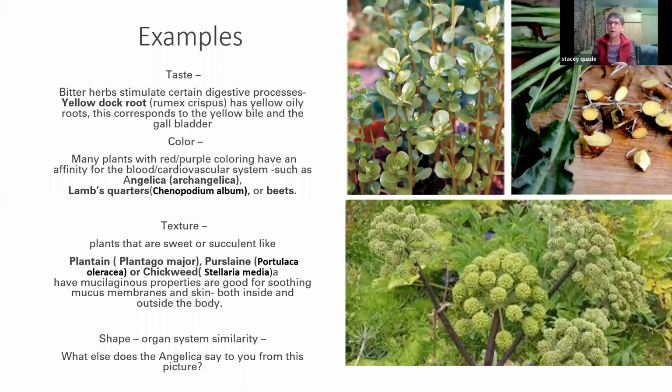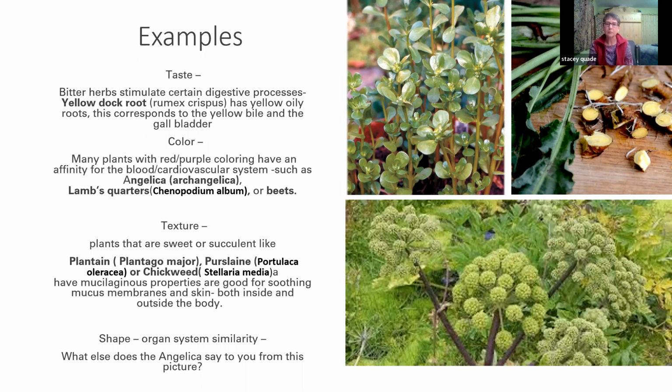Plants with red and purple colorings often have an affinity for the cardiovascular system or the blood. Angelica is this beautiful pom-pom looking plant down in the corner here. And this is the American Angelica. There's also a Chinese Angelica, but this is the one that's growing in my yard. It has a very red main stem, as you can see.